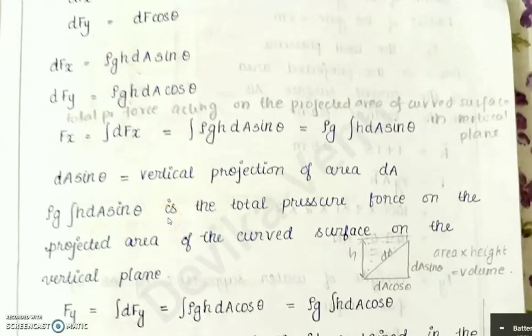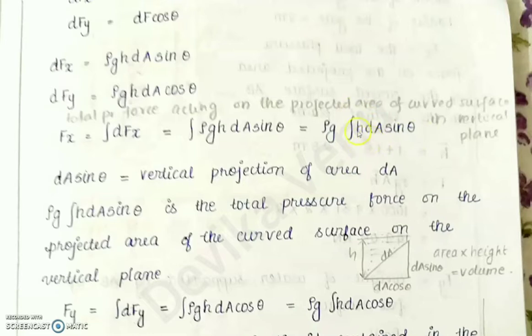Now you integrate dFx to find the total force in the x direction: integral of rho g h dA sin theta. Take out the constant rho g, with integral h dA sin theta inside. So what is integral h dA sin theta?